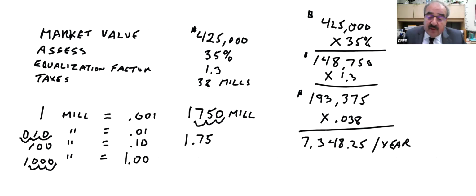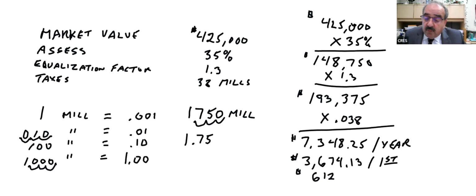That comes out to $3,674.13 for the first installment. Now, if they want the monthly taxes, then I'm going to take that $7,348.25 divided by 12, which comes out to $612.35 for the month.